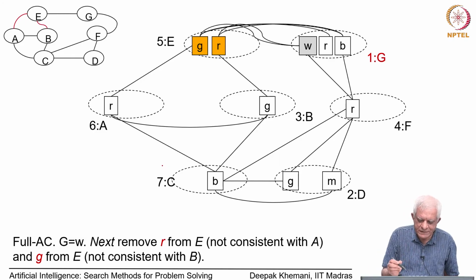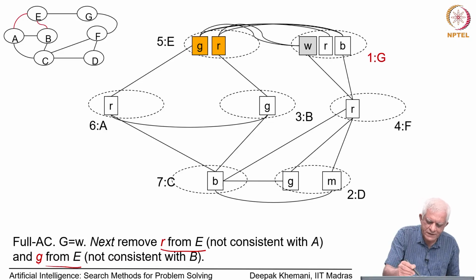and at this point, after that we have this thing, we are still doing AC. Next we will remove R from E and G from E. Why will we remove R from E?